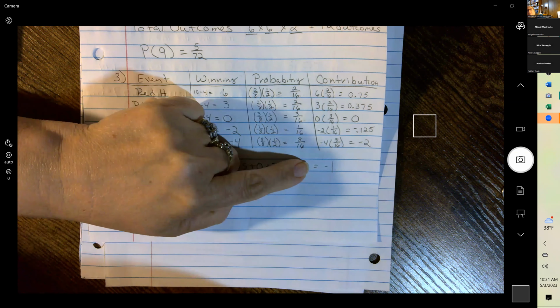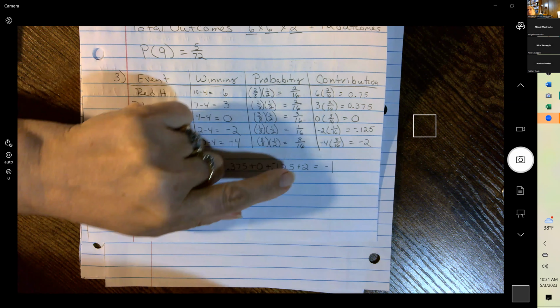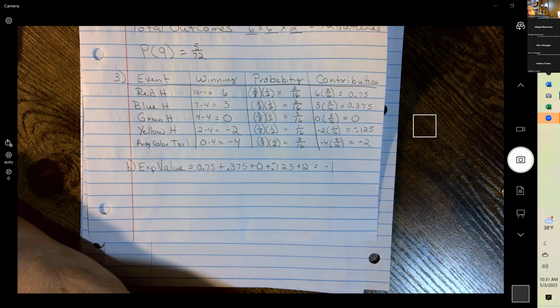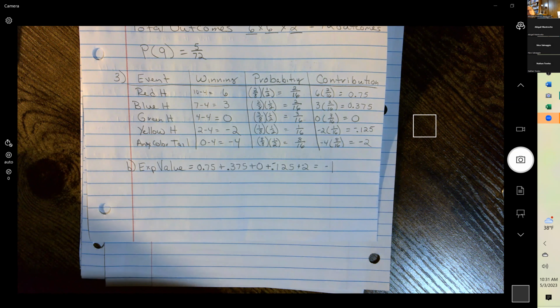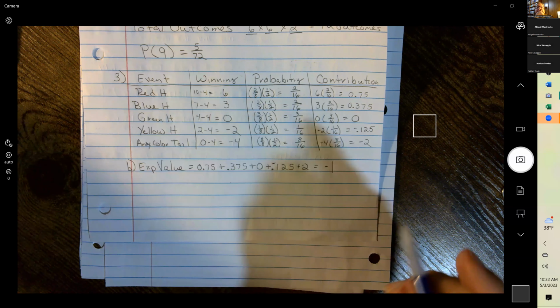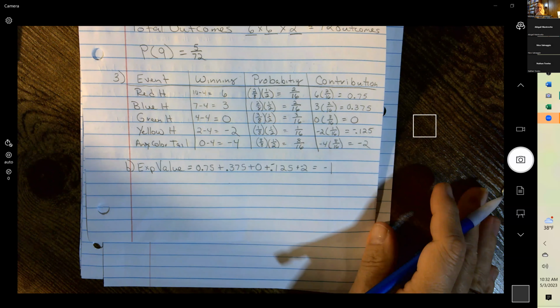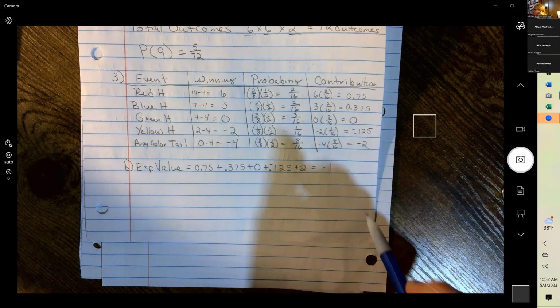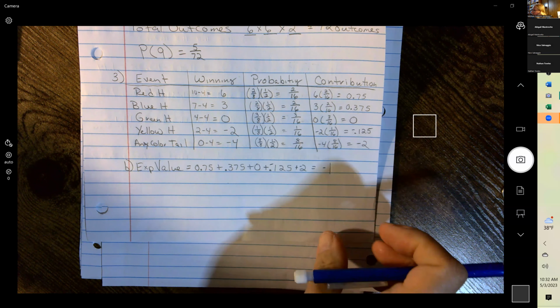So in this case, if you play this game a lot, you'll lose $1 per game. Most games should be at a negative because if they were a positive, then the person who's having the game isn't making any money. But in the long run, you will lose $1 a game.